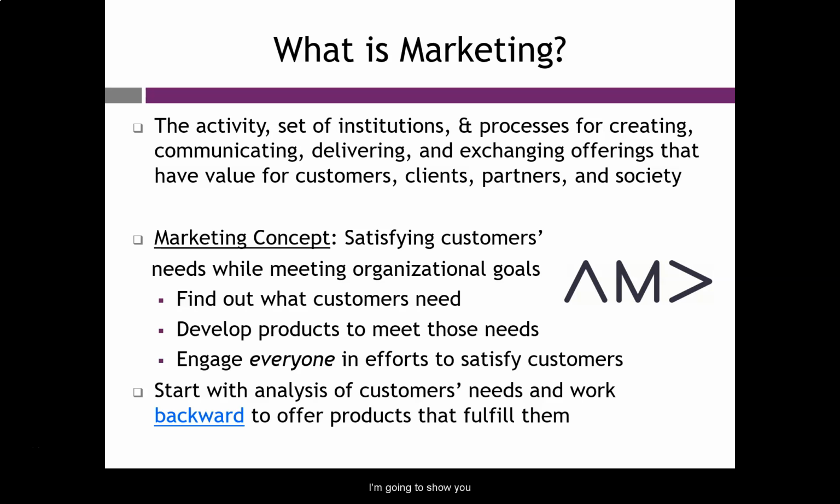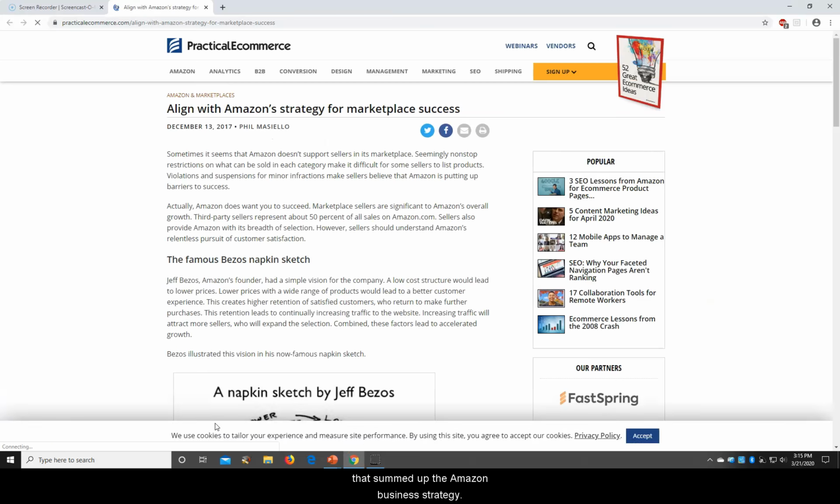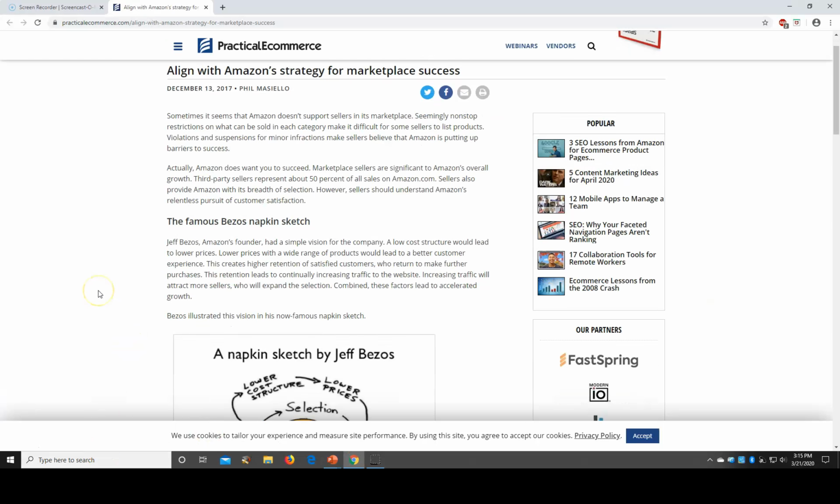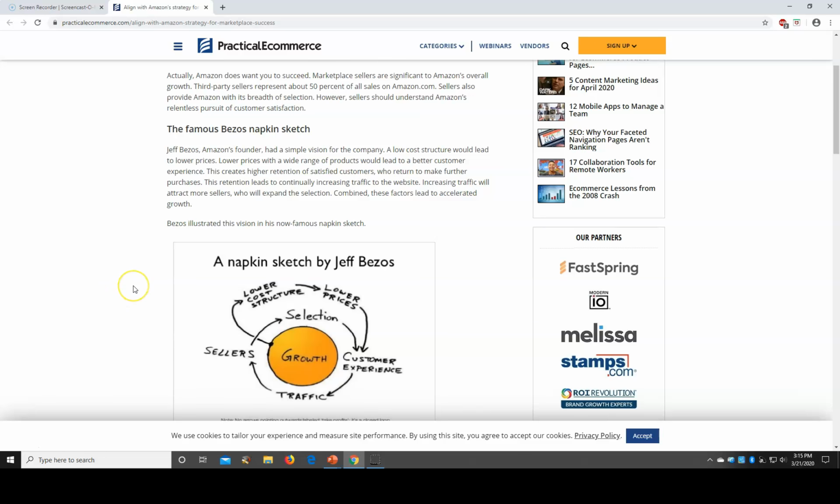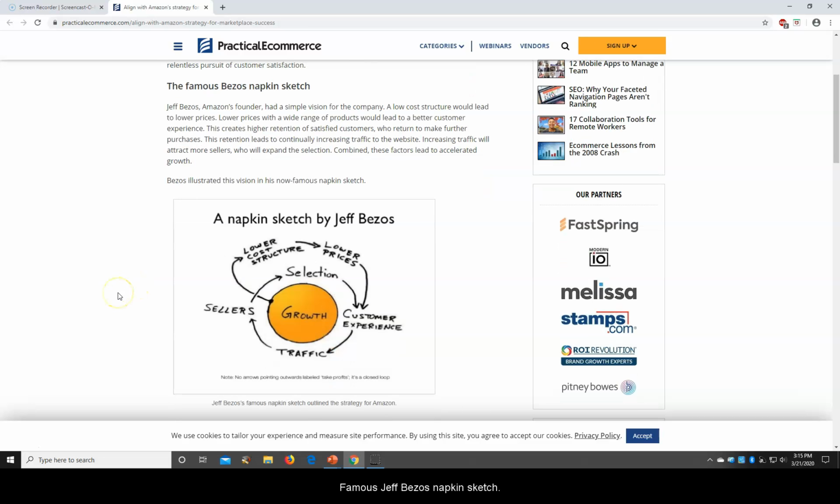I'm going to show you a napkin sketch that Jeff Bezos put together that summed up the Amazon business strategy. And here it is. The famous Jeff Bezos napkin sketch. He was able to summarize the entire business strategy of Amazon on the back of a napkin.